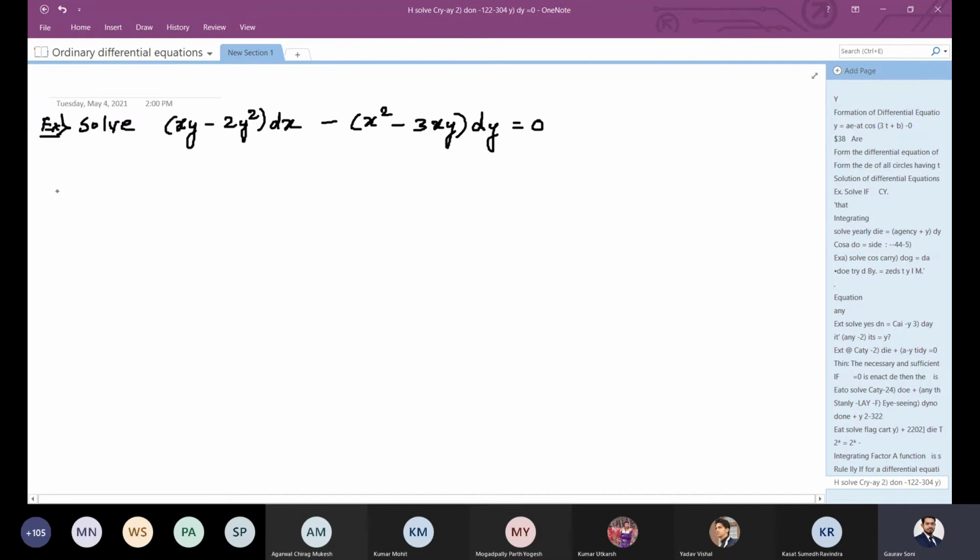So what is M here? M is xy minus 2y square. What is N? N is minus x square plus 3xy.